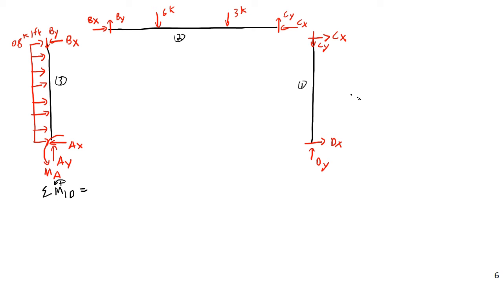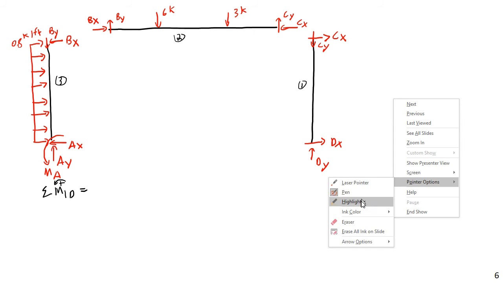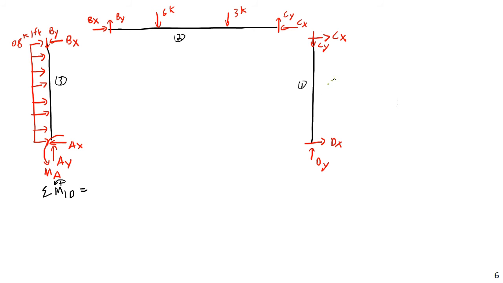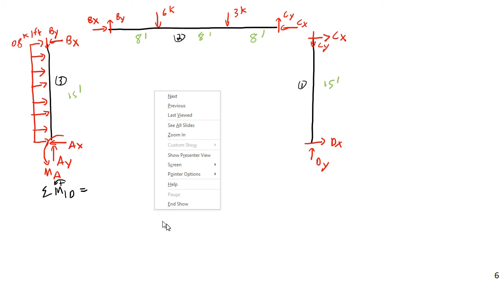And so that would equal, let me go ahead and put my dimensions on here so that it's easy to tell. This is going to be 15 feet, this is going to be 15 feet, and then 8, 8, 8, and 8 feet.